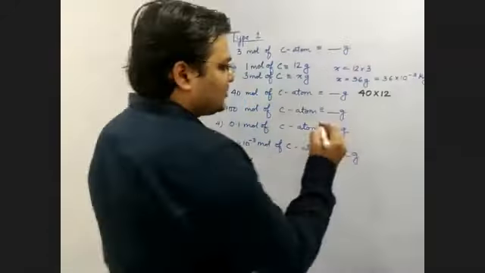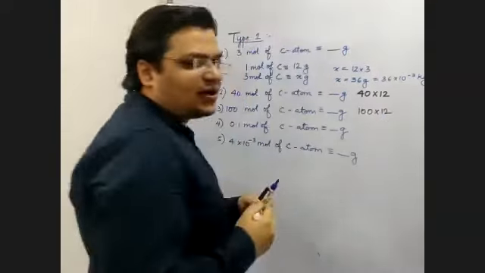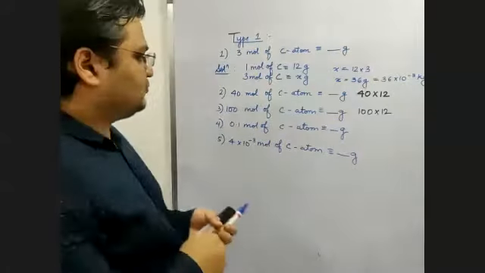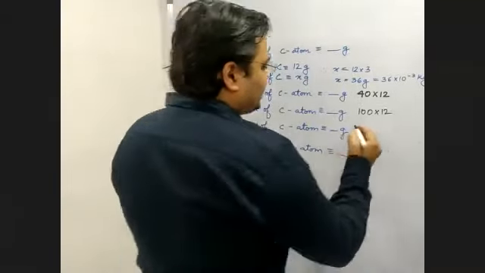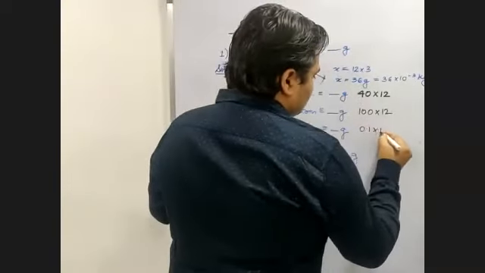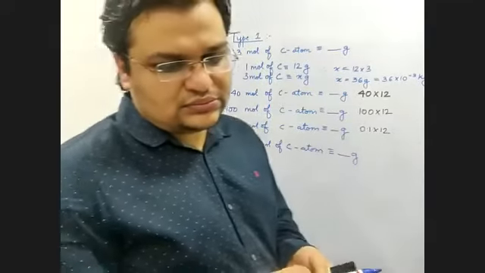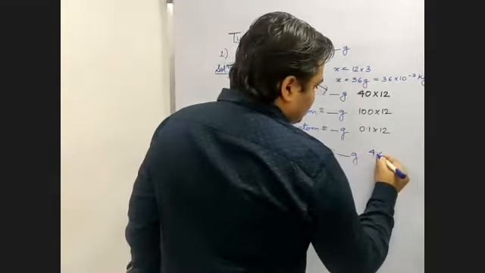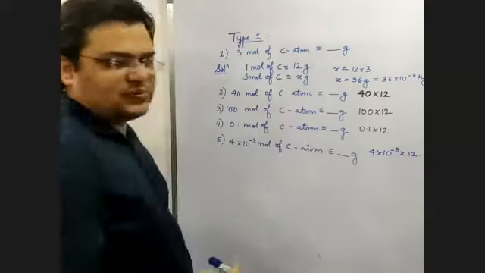You get the answer as 100 into 12, 1200 grams. You get the answer here as 0.1 into 12. And you get the answer here as... is this clear?